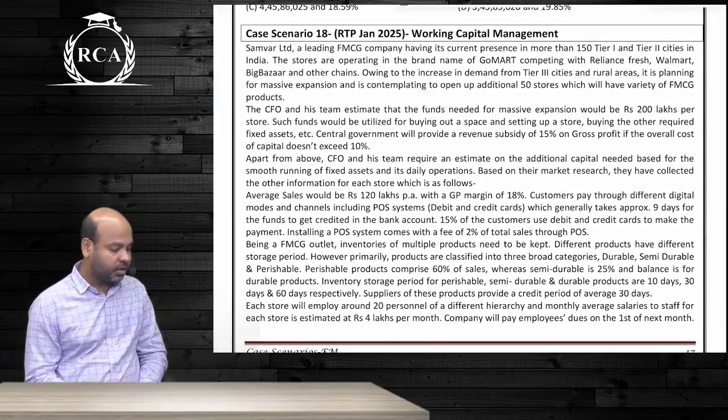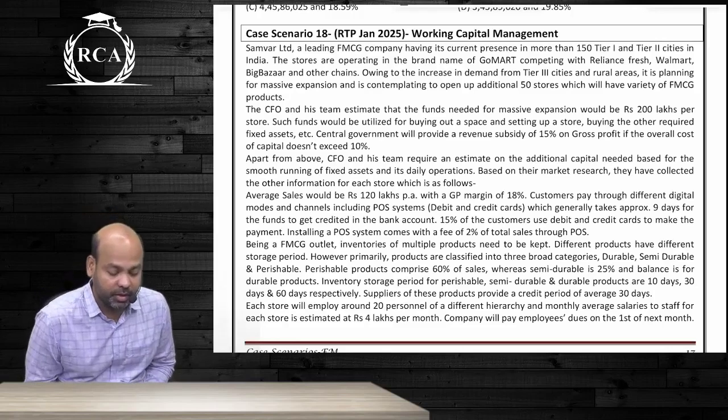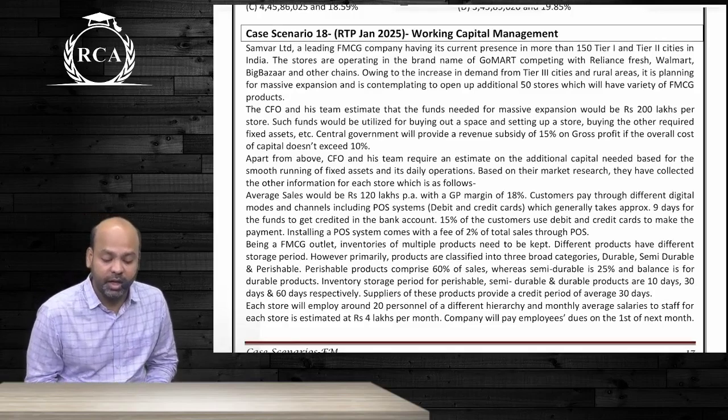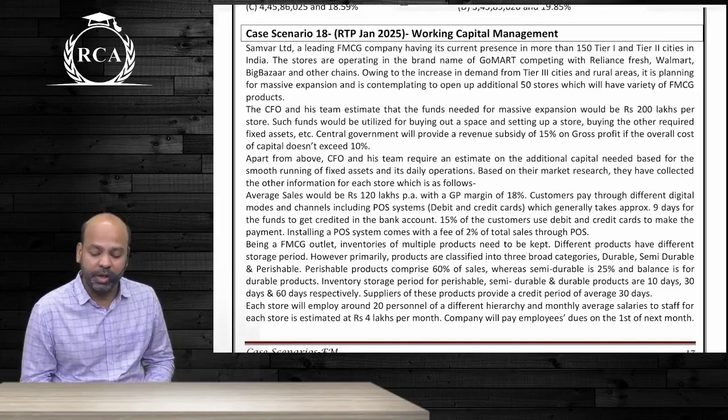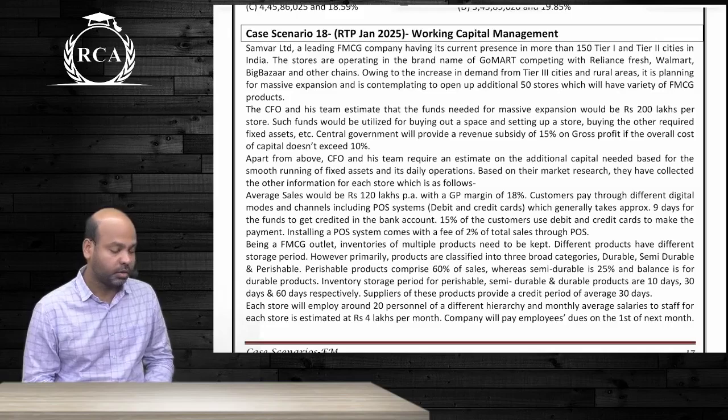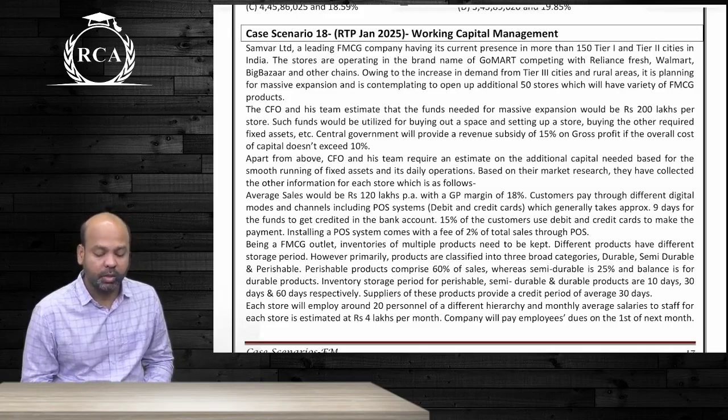Samvar Limited, not Swayamvar, beta. It is a leading FMCG company having its current presence in more than 150 tier 1 and tier 2 cities in India. The stores operate under the brand name GoMart, competing with Reliance Fresh, Walmart, Big Bazaar and other chains.